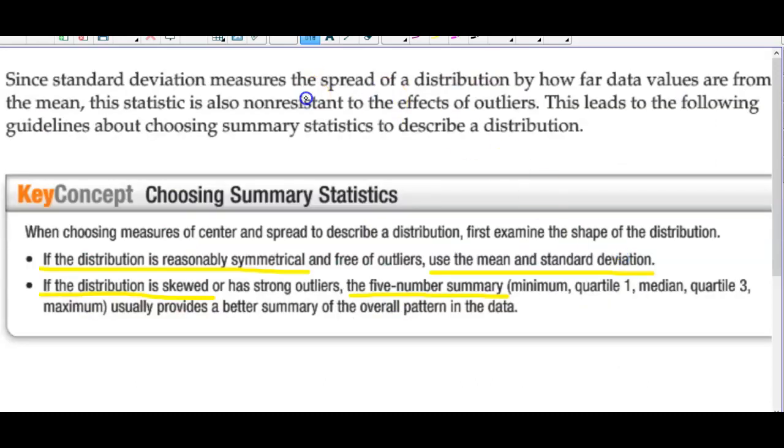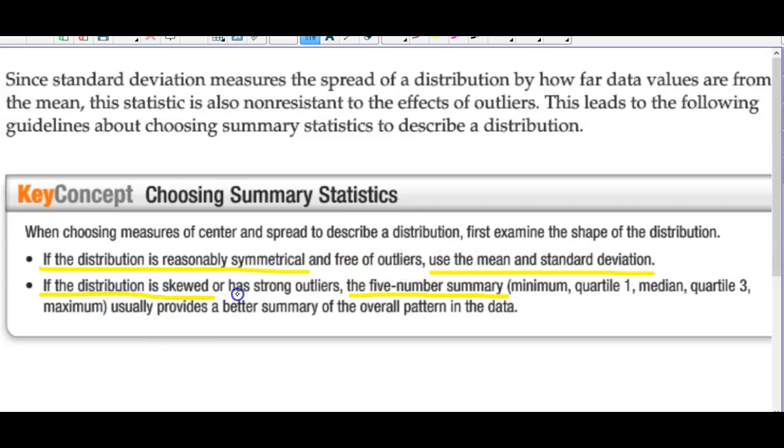Since standard deviation measures the spread of the distribution, the statistic is also non-resistant to the effect of outliers, okay? So the standard deviation is affected by outliers. This leads us to this guideline. If the distribution is symmetric, we use the mean and standard deviation because it's free of outliers, okay?